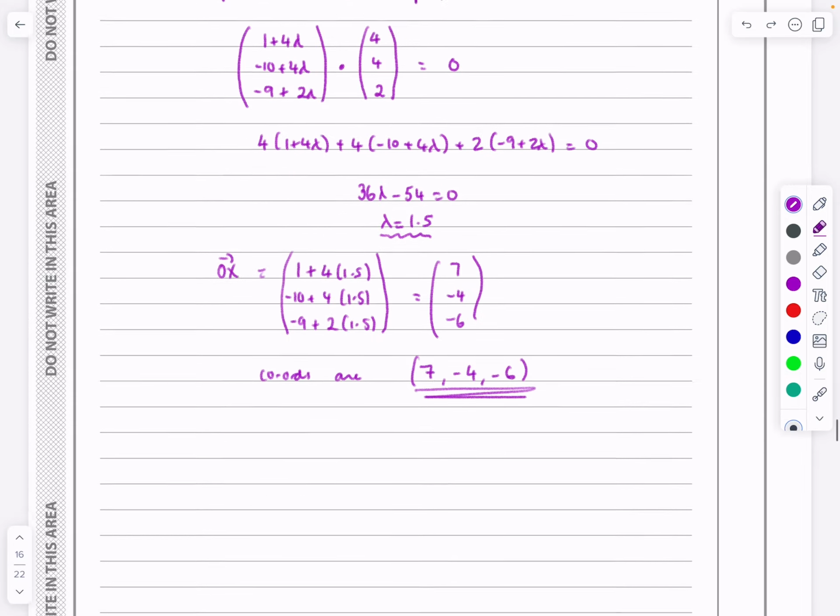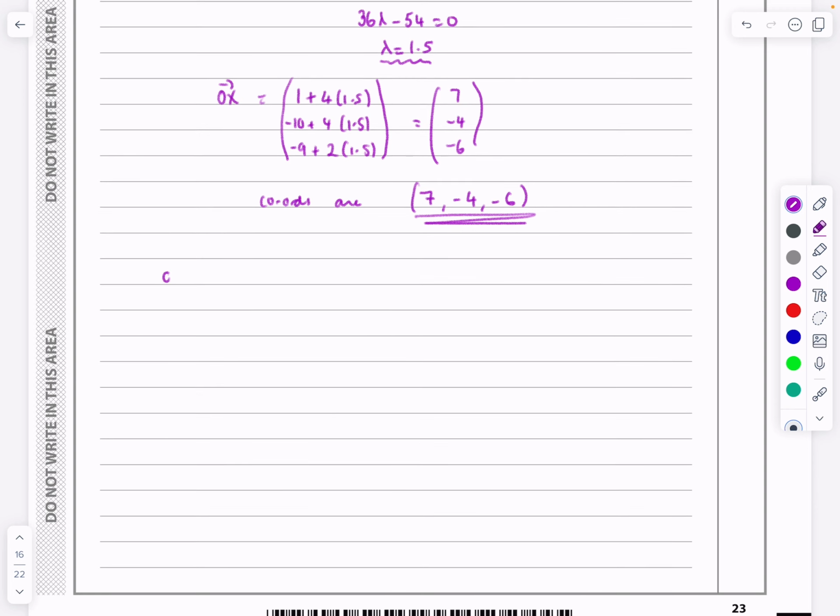That's straightforward. Okay, so part C. If I want to work out the modulus of OX, then that's just going to be the square root of 7 squared plus -4 squared plus -6 squared. That works out to be the square root of 101. It's not an exact value, that's absolutely fine.